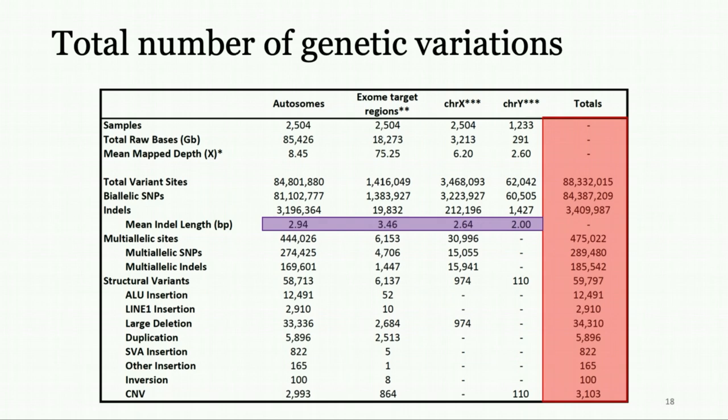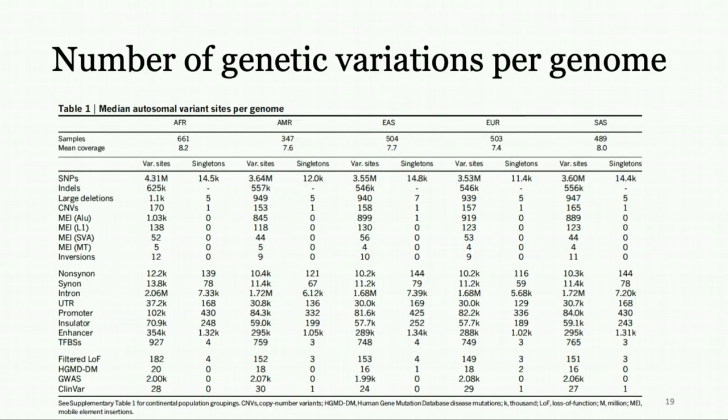A more interesting question is: what about the differences in a typical genome? If we get a genome from a new individual and compare it to the reference genome, how many differences am I going to find?